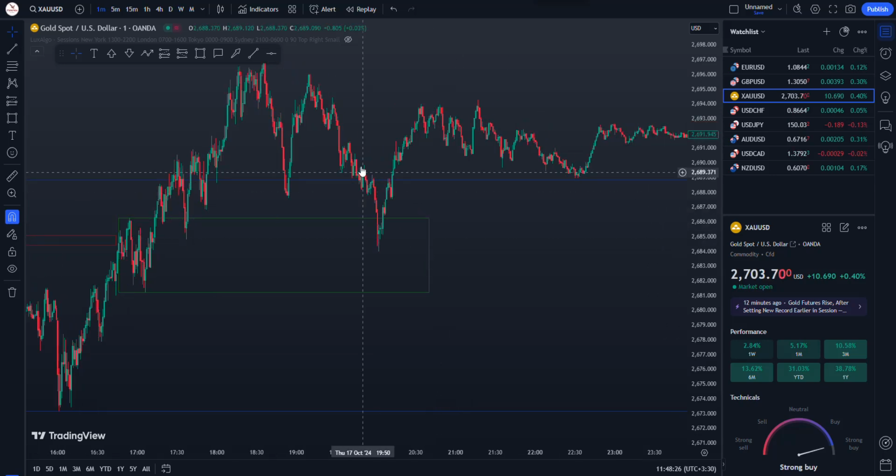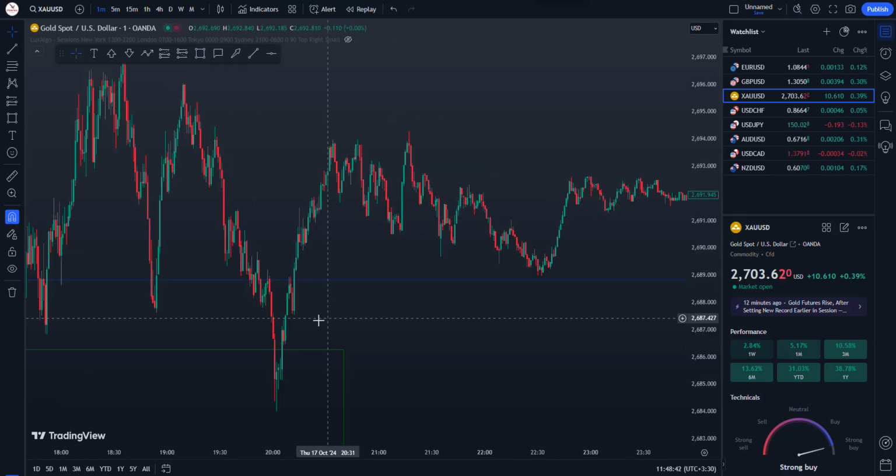So this low is made by something here. This one is right over together, but we have this origin here.